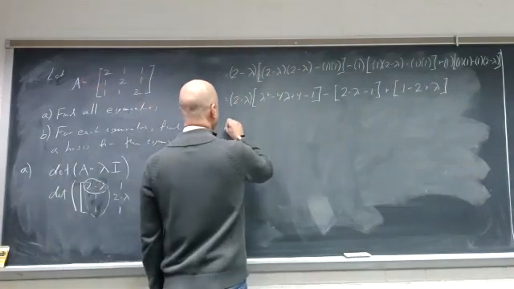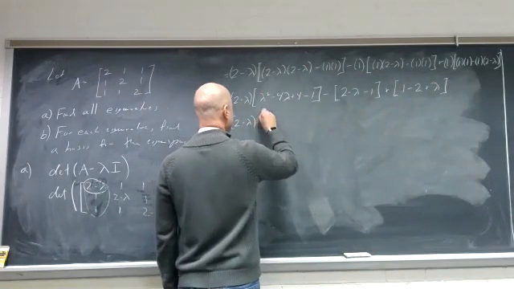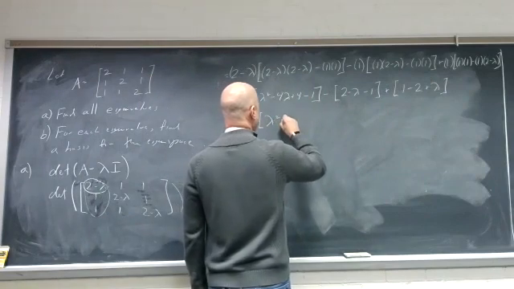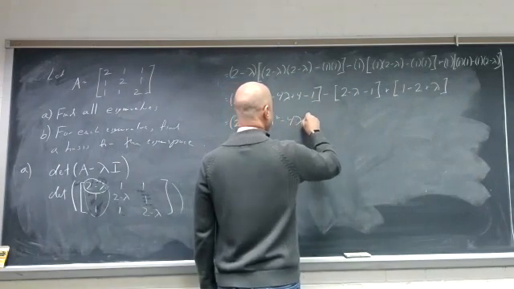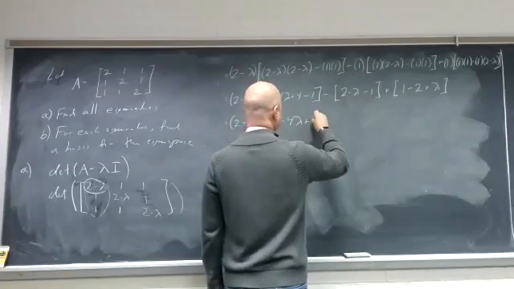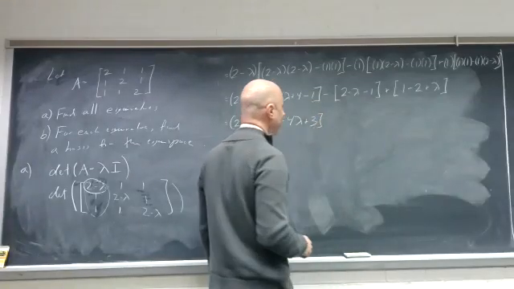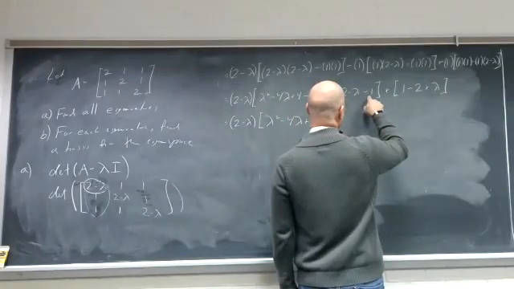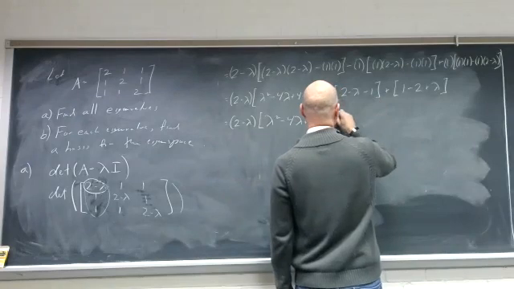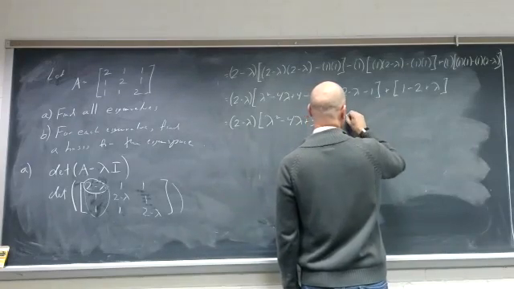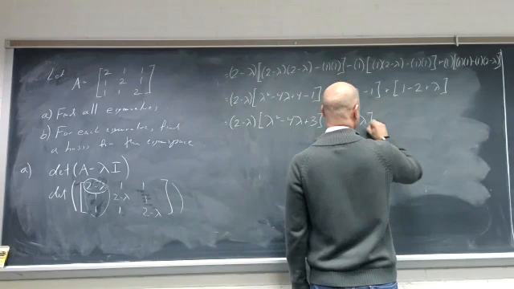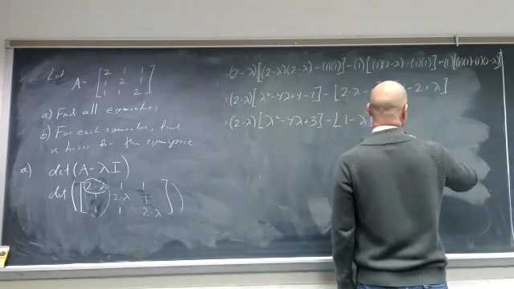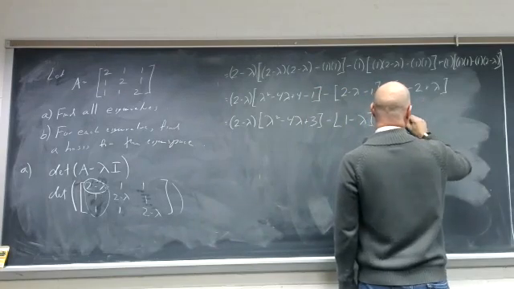So 2 minus lambda times lambda squared minus 4 lambda plus 3. Let's see, 2 minus 1 is, let me put an extra line here. So that's just 1 minus lambda. And what we have here is 1 minus 2, that's negative 1 plus lambda.